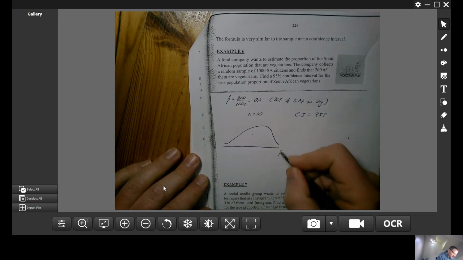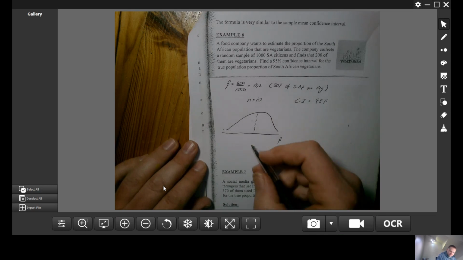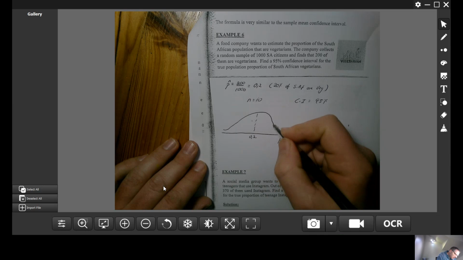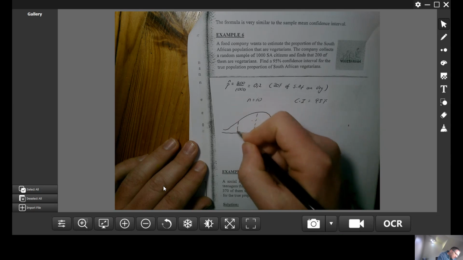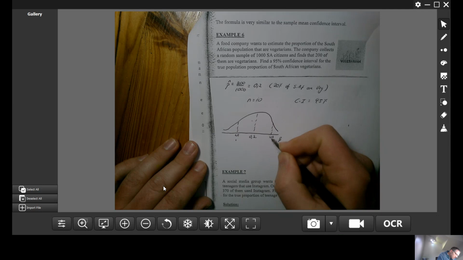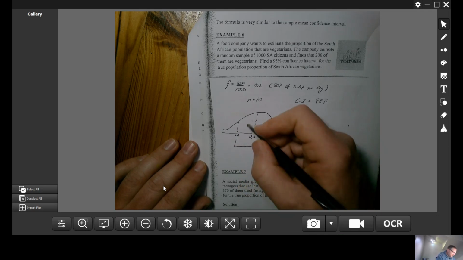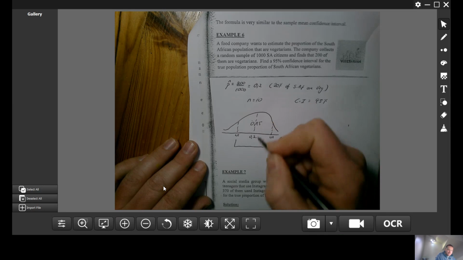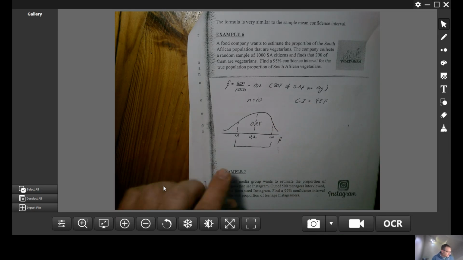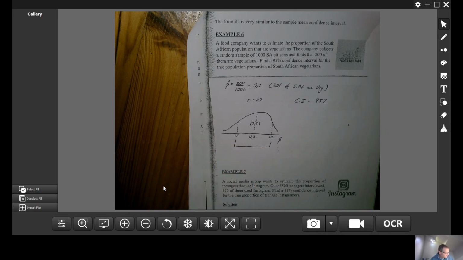We've got P hat, our sample proportion, sitting at 0.2, and we want to find the upper boundary and the lower boundary where we are 95% confident. So this whole area here is 0.95. We are 95% confident that the actual proportion of vegetarians lies within that region.